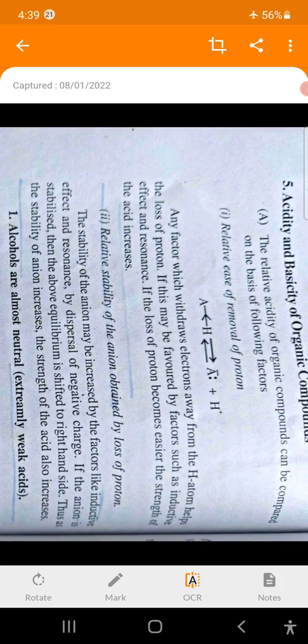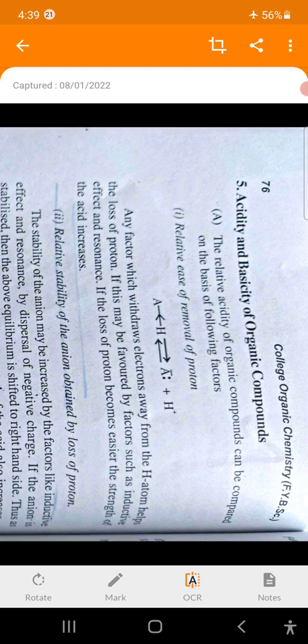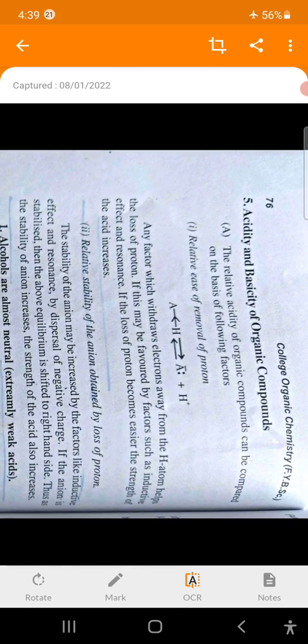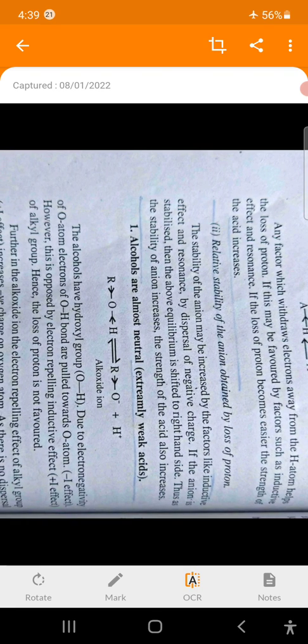Then on the basis of all these factors, that is the electronic effects, inductive effect, resonance effect, hyperconjugation, and dipole moment, we discuss some properties or characteristics of molecules in chemistry.